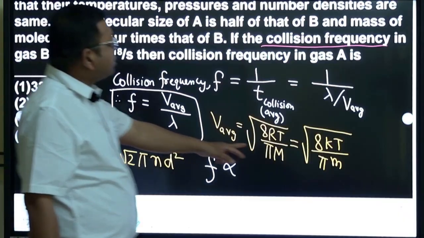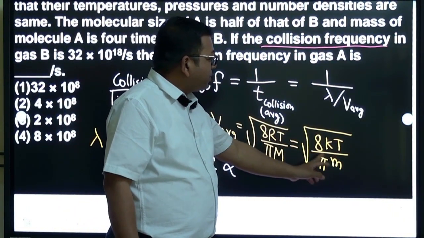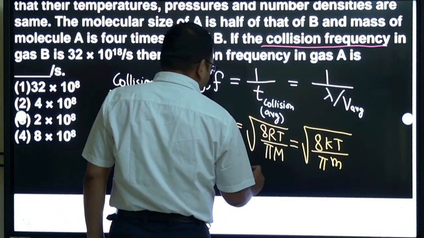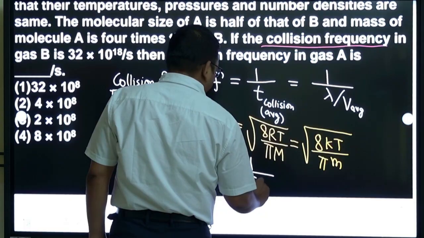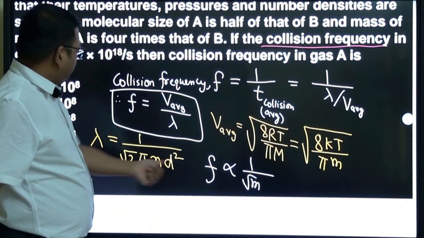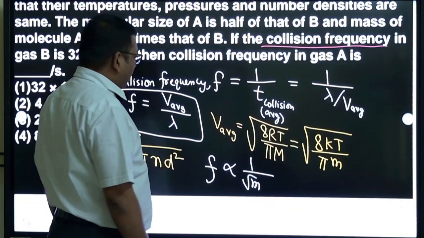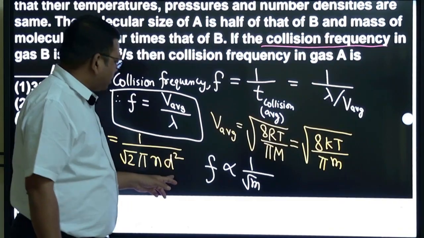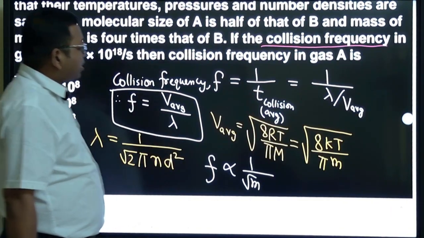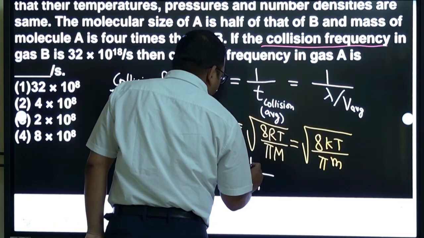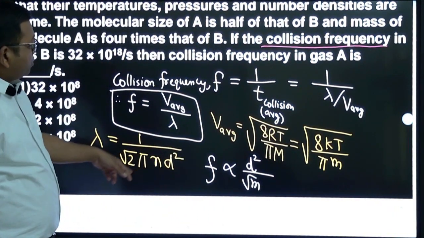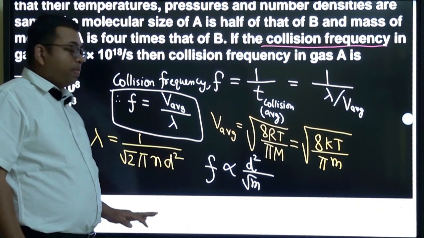V average, with k constant and the same temperature, is inversely proportional to root of mass. Lambda is in the denominator, so the d square term goes in the numerator. So f is proportional to d square by root m.